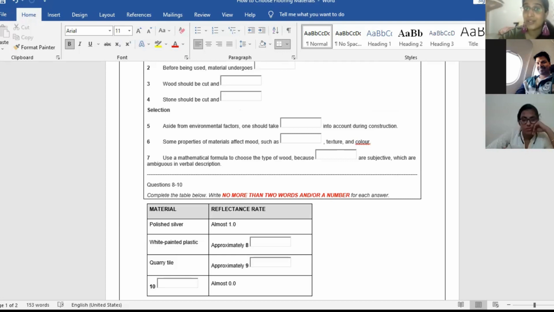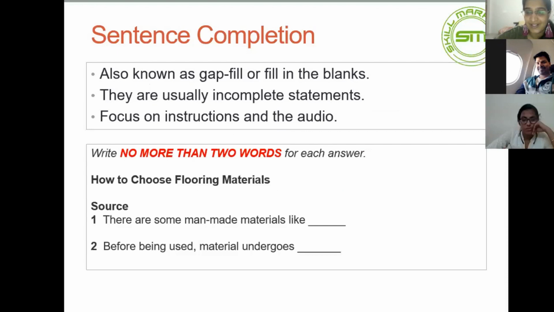And have you understood that it's important to practice? Any doubts, any questions in sentence completion? All clear? Great. Remember, listening is simple. It's just that you need to practice.